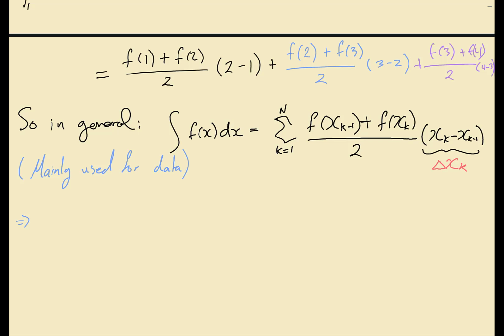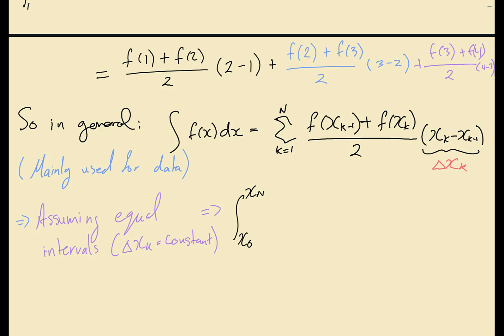Assuming equal intervals for the segments where delta xk is a constant, then the equation becomes integral from x naught to xn of f of x dx equals delta xk divided by 2 times the summation.